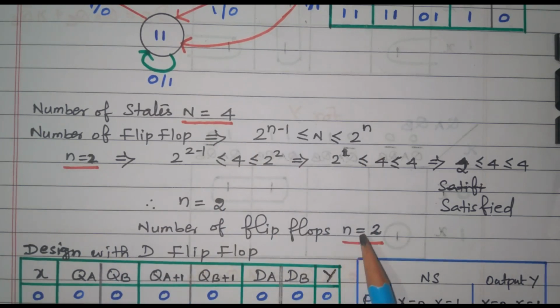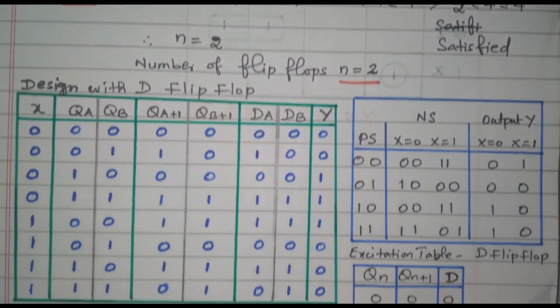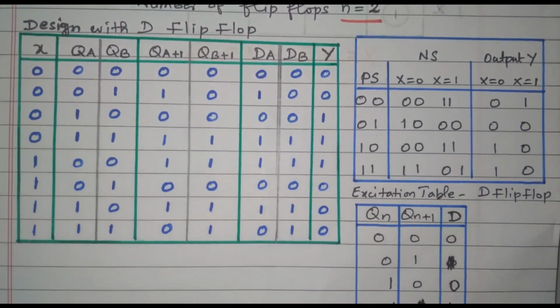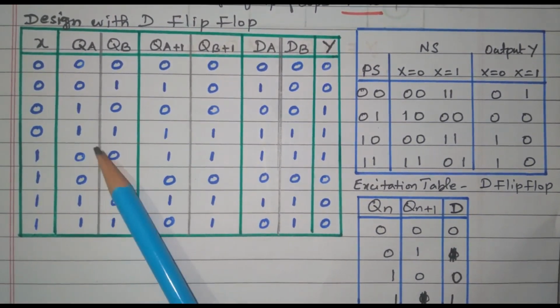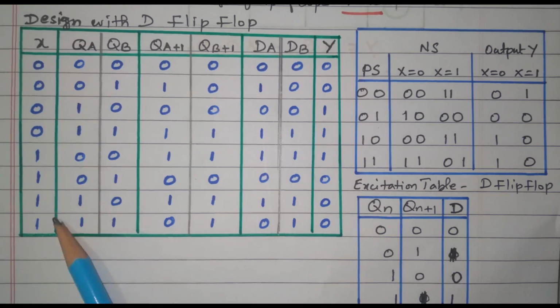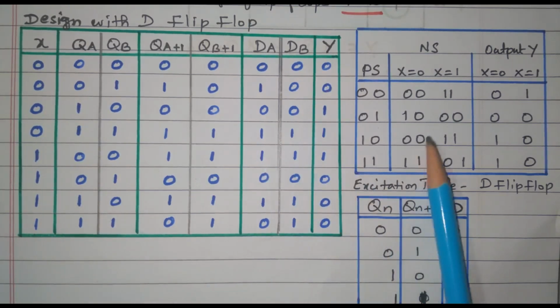Here we are using the D flip flop. Now, we need to design the excitation table for the D flip flop. I will go to this table. So, this is the excitation table. It has the input x and output y, which are already available in the table.